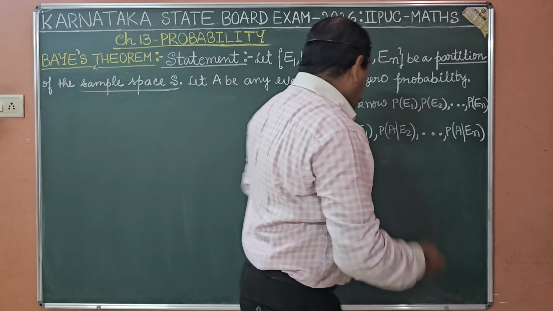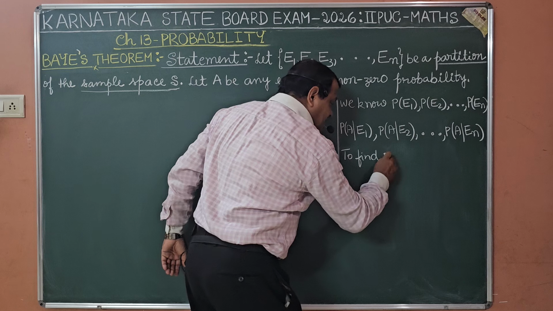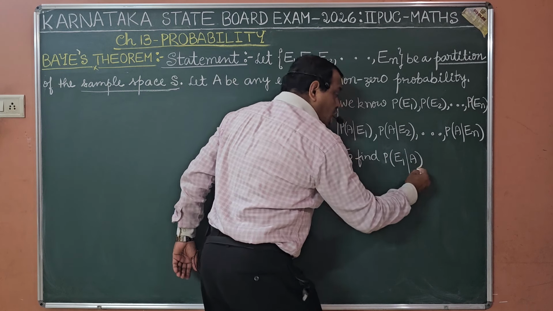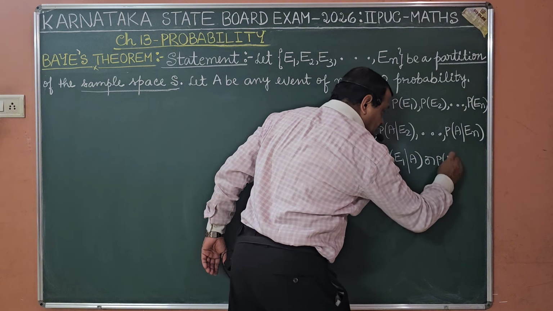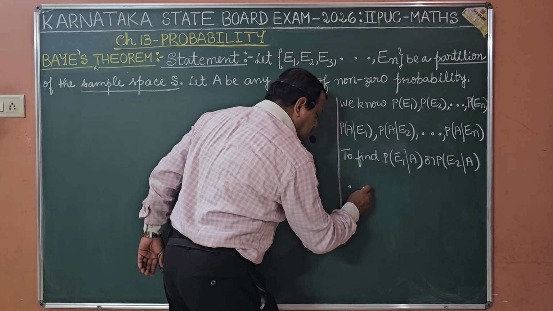That means our aim is to find either the probability of E1 given A, or the probability of E2 given A, and so on.